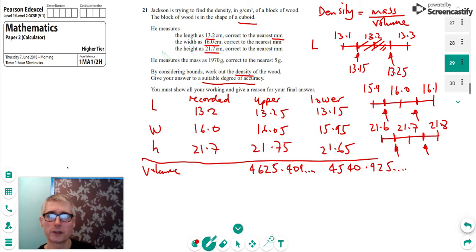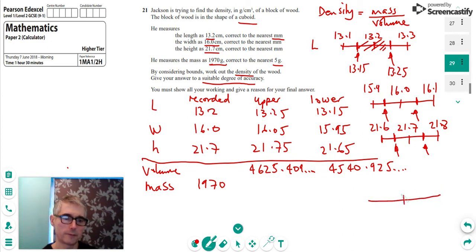We're also given the mass, which is not measured perfectly accurately. Again, that's rounded, this time to the nearest 5 grams. So we've got the recorded value of the mass, 1970. We have to be careful on this one, because if we draw a number line, there's 1970, but this time we're going to the nearest 5 grams. The one below would be 1965 grams, and the one above would be 1975 grams.